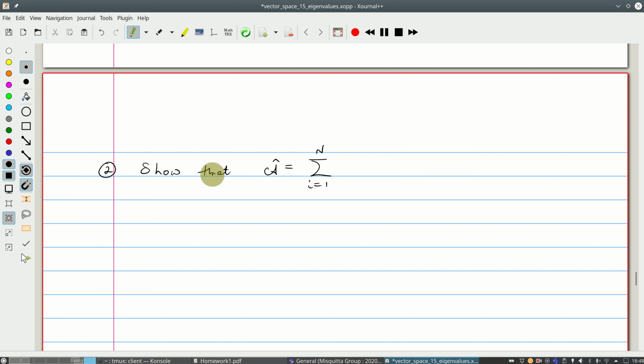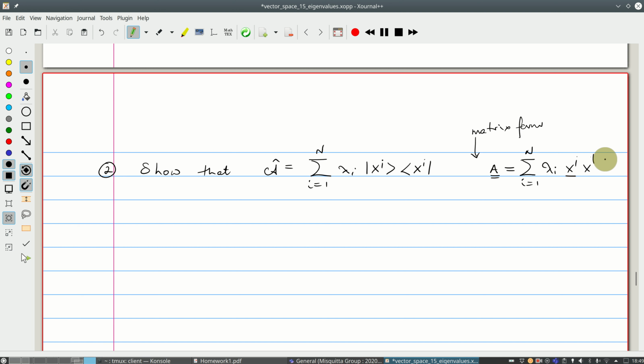So n is the dimension of the space, and then we have lambda I, and then we have the outer product of xi with itself. Or in matrix form, we write the matrix A as the sum I goes from 1 to n, lambda I, the vector xi, times its adjoint.